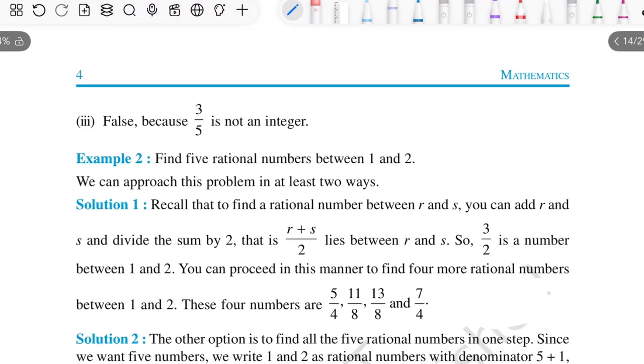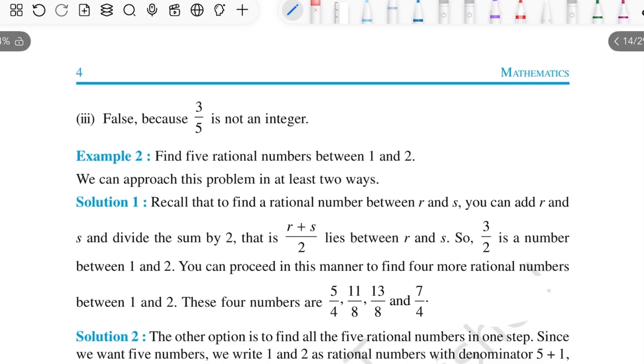Example 2. Find 5 rational numbers between 1 and 2. We can do it in many ways. There are infinitely many rational numbers between 1 and 2, so we have to find 5 of them. We will multiply and divide by 6.